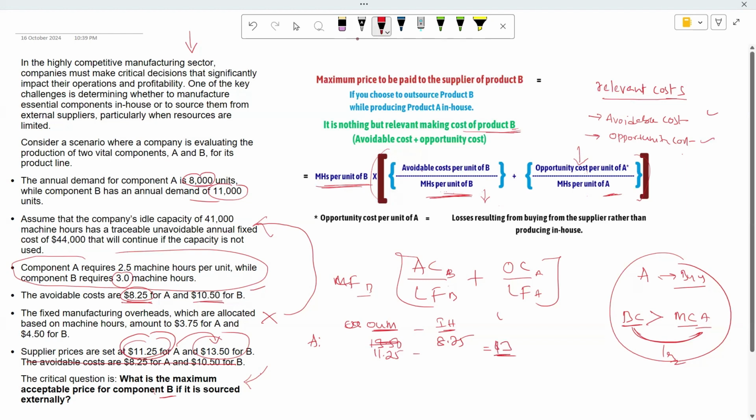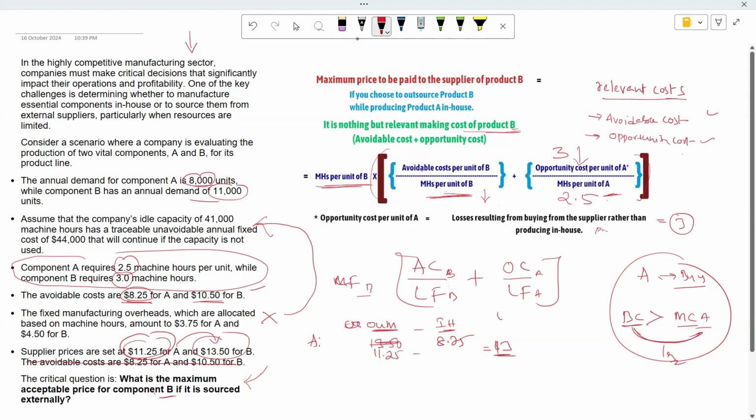That means we are paying $3 extra, and that is our loss from buying from the supplier rather than producing in-house for component A. So I'm substituting $3 here, and the machine hours required to produce component A is 2.5.